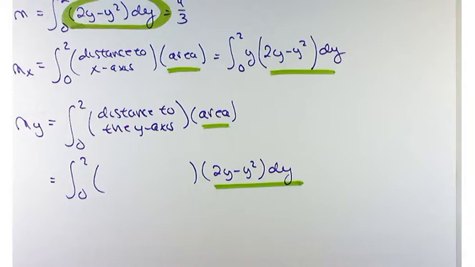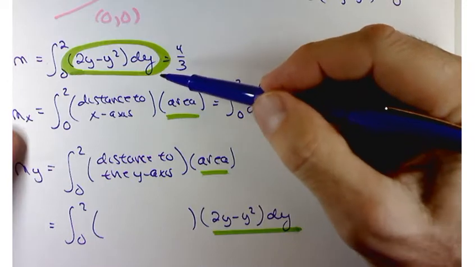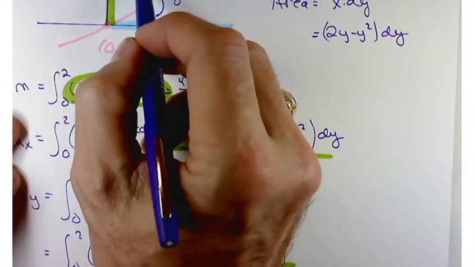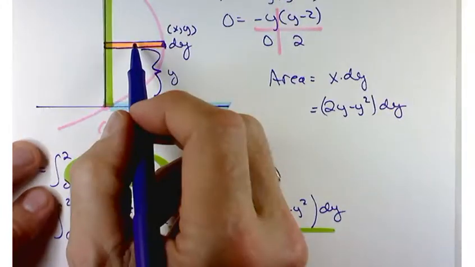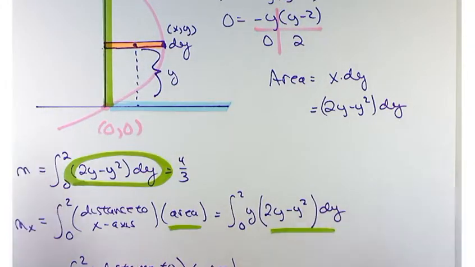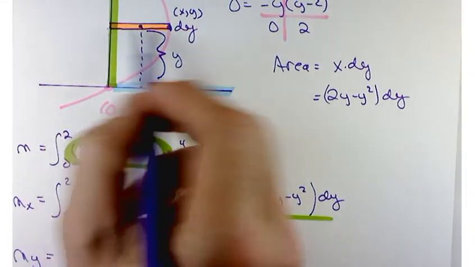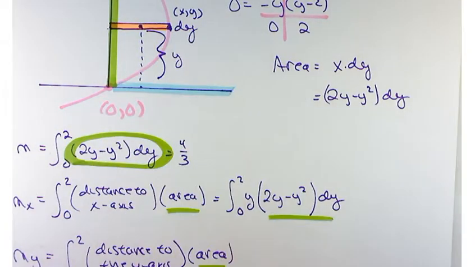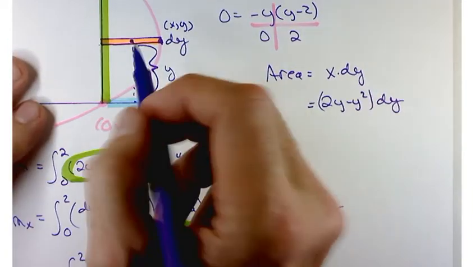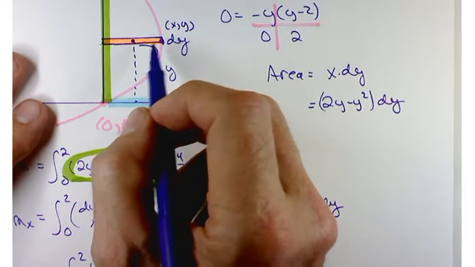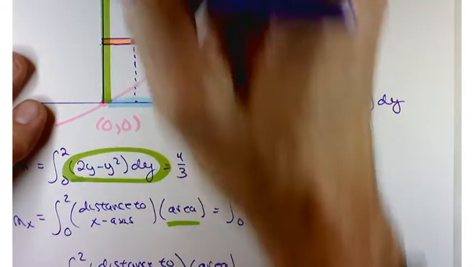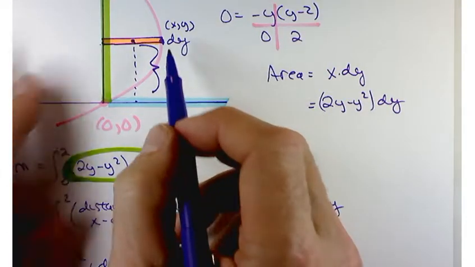The only thing left to characterize is the distance from here to the y-axis. That distance is going to be the midpoint of this little slice. Now, fortunately for us and Sandra, that midpoint is going to be a little bit easier than the last one, because one of our functions is 0.